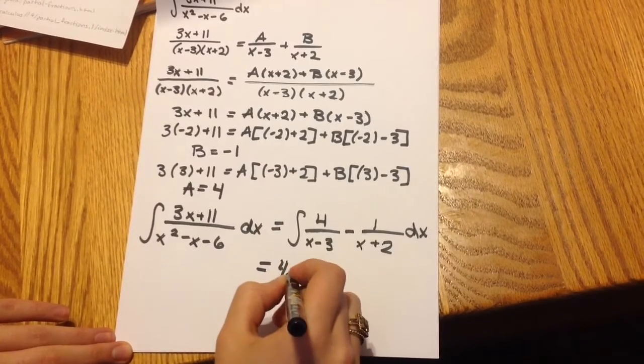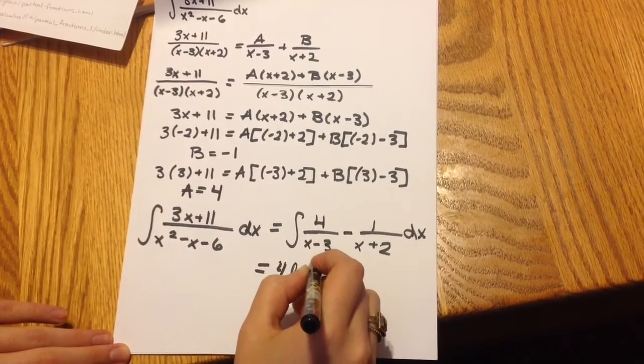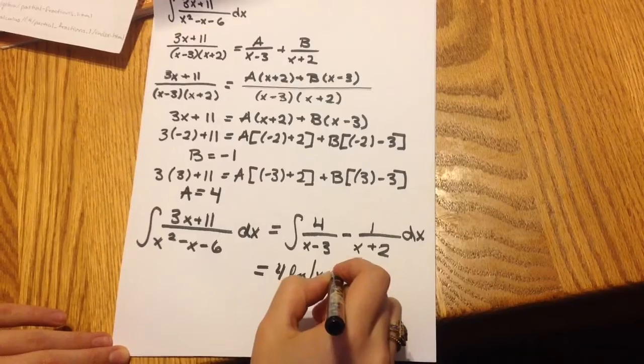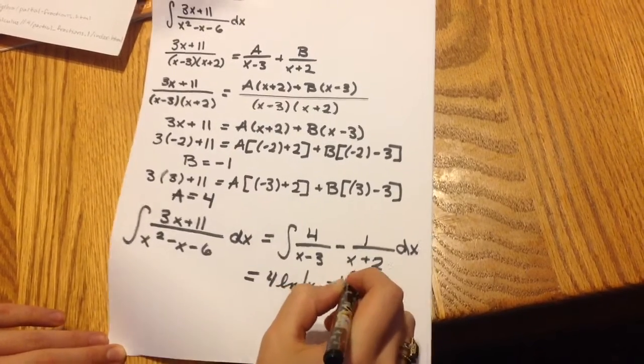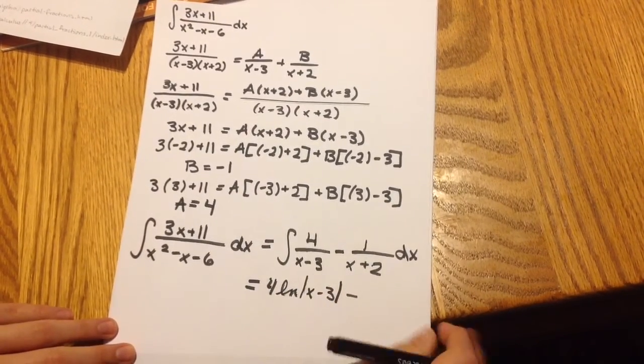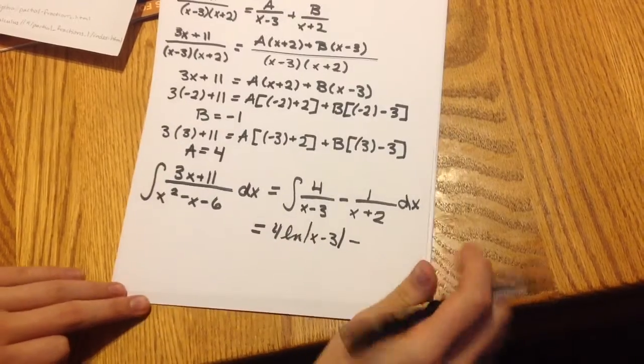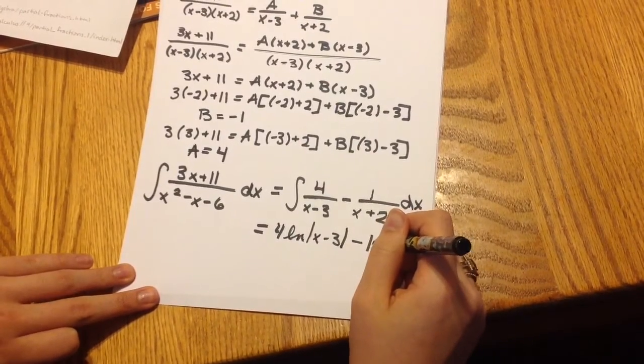So now whenever you do the integration, you get 4 ln absolute value of x minus 3 minus ln absolute value of x plus 2 plus C.